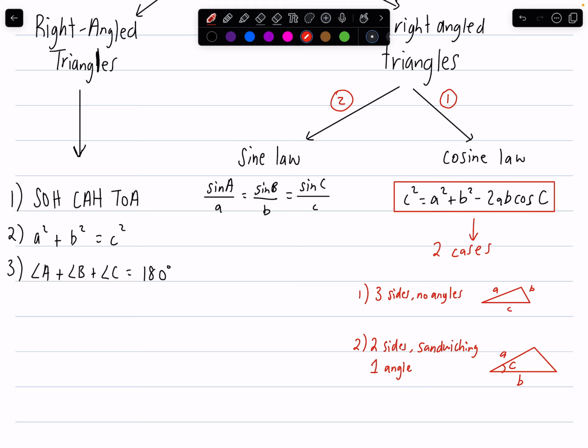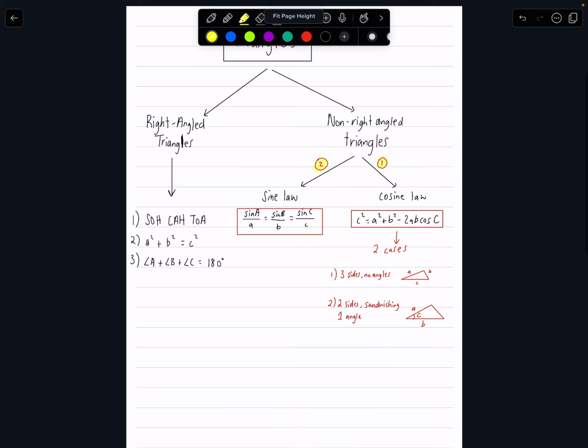If you don't have one of these two cases, then you would be using sine law. This is why I labeled cosine law with a 1 for you to check first, and sine law with a 2 for you to check second.